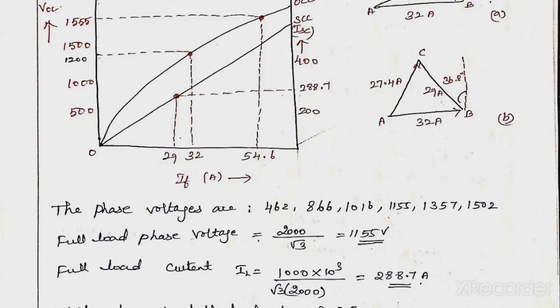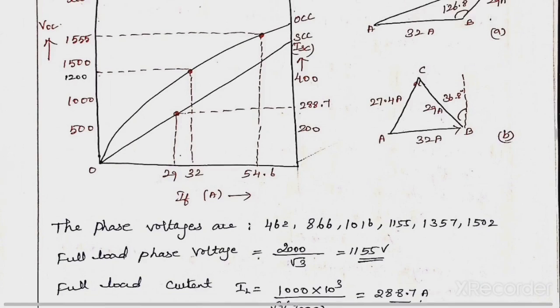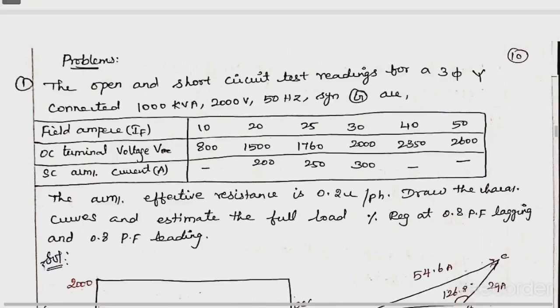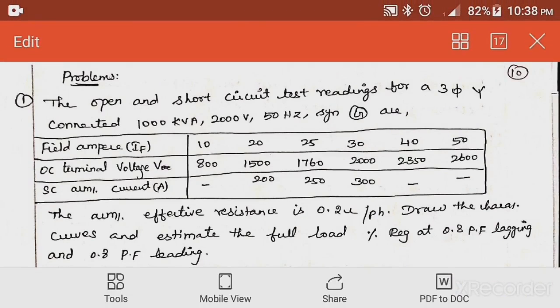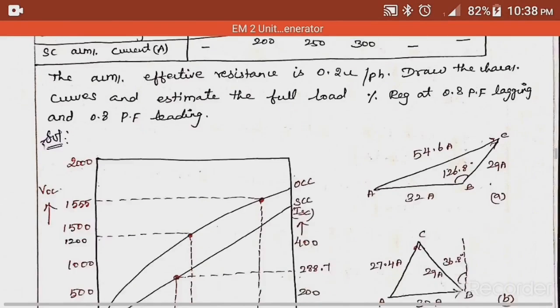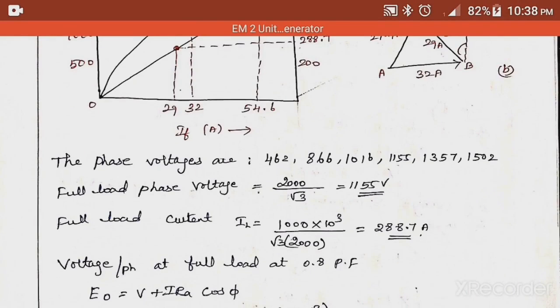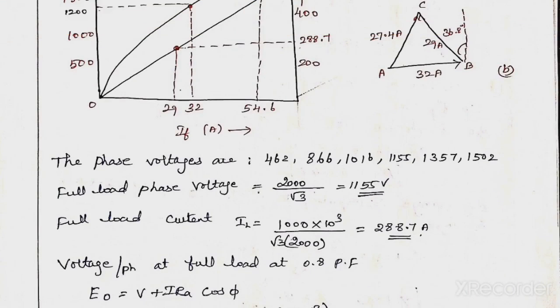The full load phase voltage, that is the rated voltage of the alternator, is 2000 volt, 1000 kVA, 2000 volt. Since the given value is the line value, 2000 divided by root 3 gives the phase value, 1155 volt.